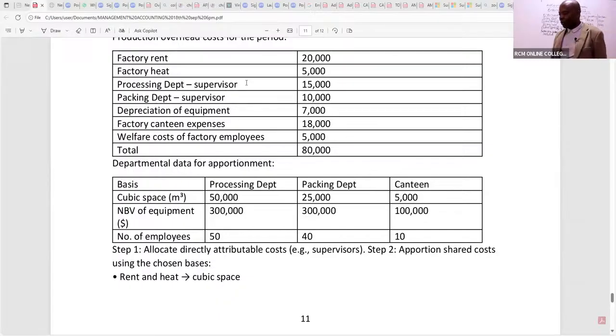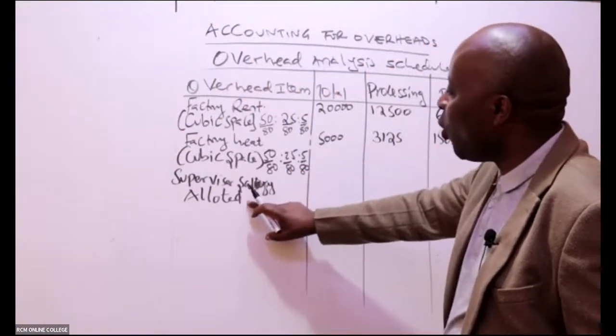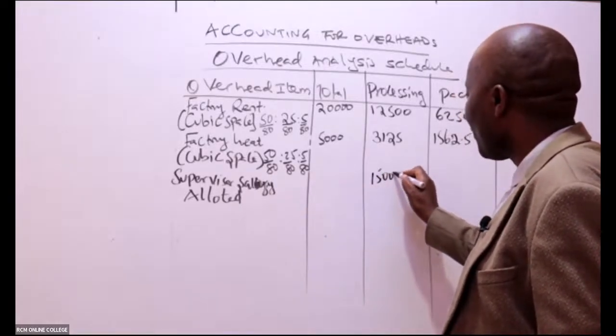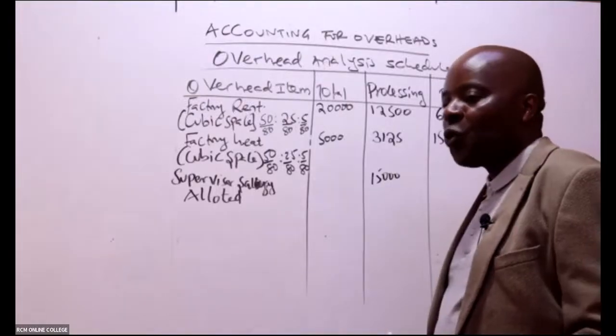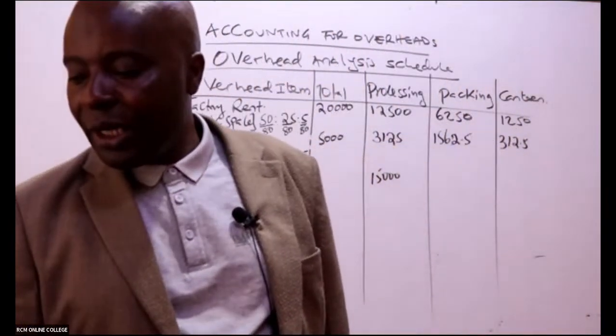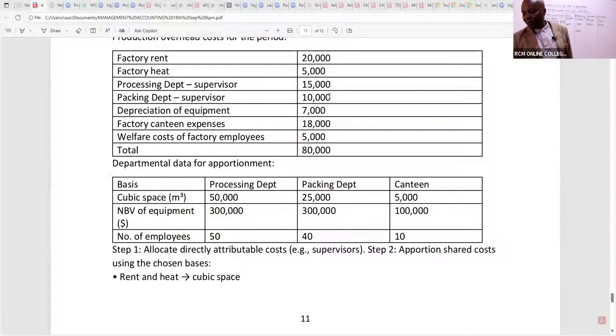So in this case, a supervisor salary, we have an allotment here, 15,000. And then if you read down there, you'll see that for this supervisor salary there is another allotment: 10,000 to packaging department.